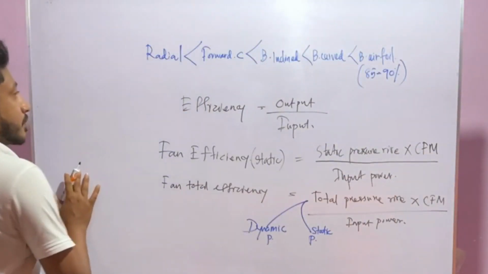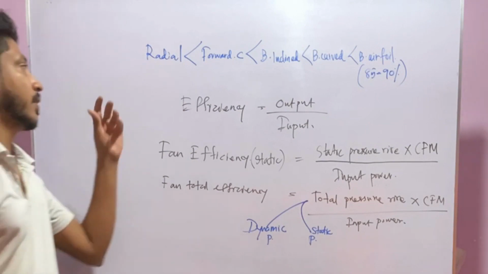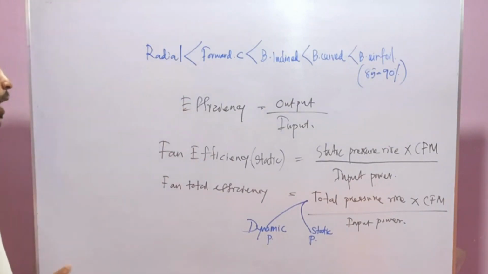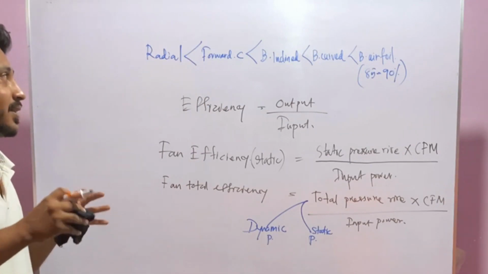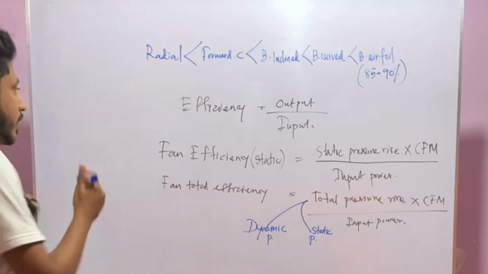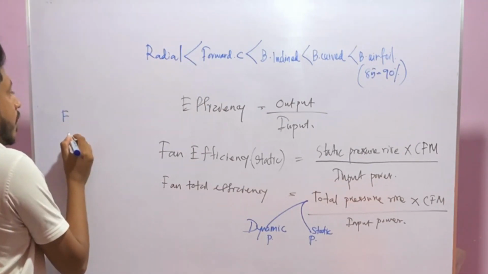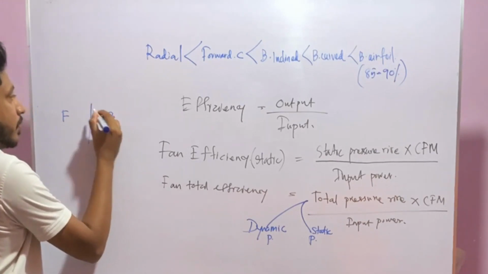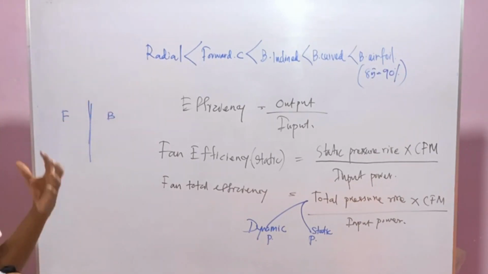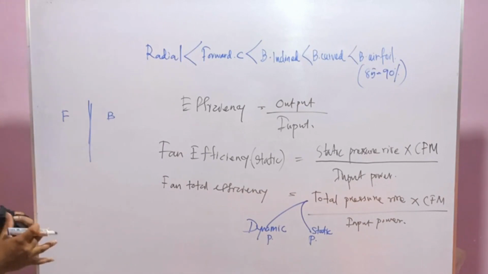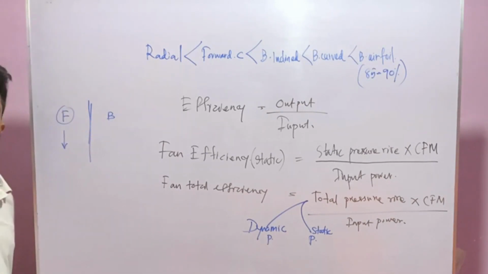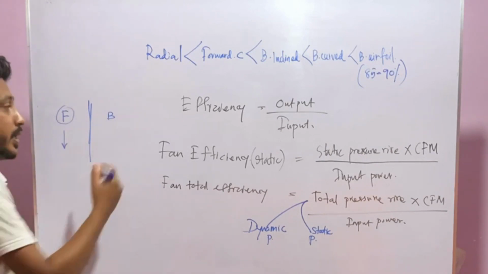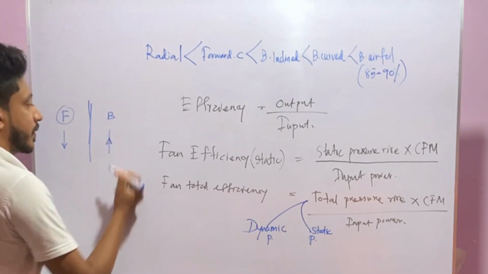when we are doing the velocity diagrams, I told you to take constant airflow. If I consider forward curve and backward curve, to get same airflow, this fan should rotate in less speed than this fan.